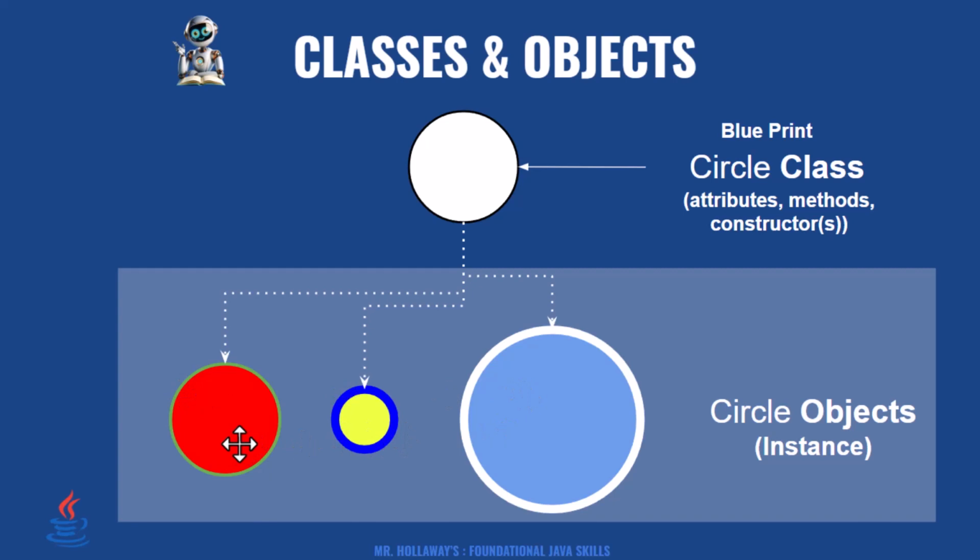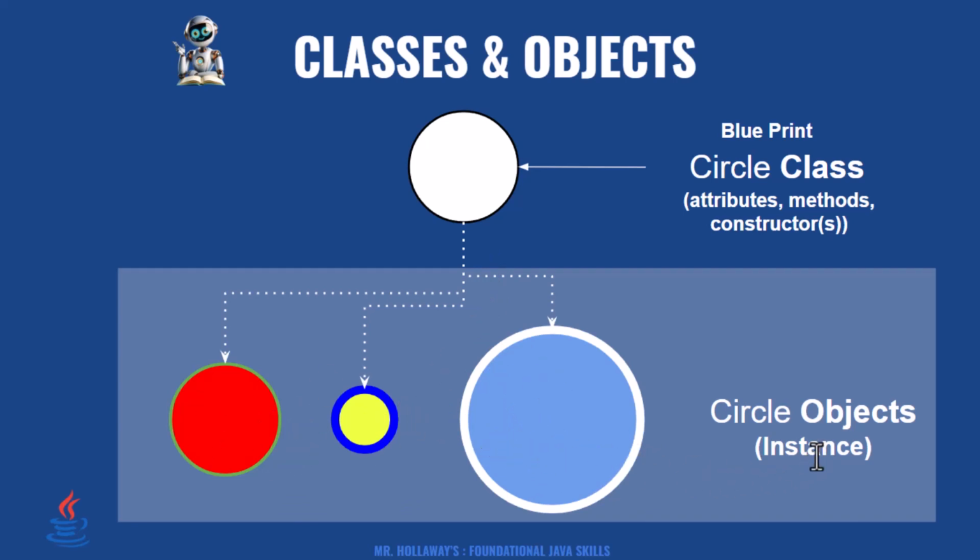And notice that the circle here is red and it has a green border. This one is yellow and it has a thicker blue border. This one is a lighter blue and it has a white border. Now, these are objects. So these 3 circles right here are objects, and they are all circles, but they're different circles.